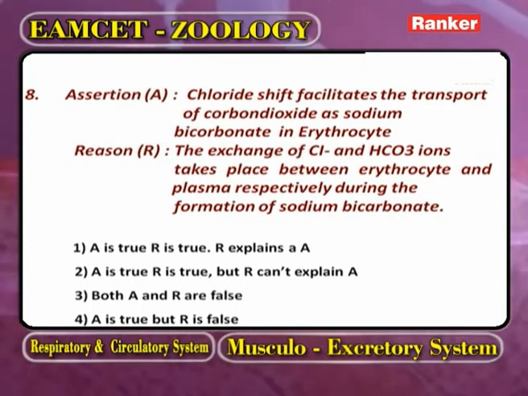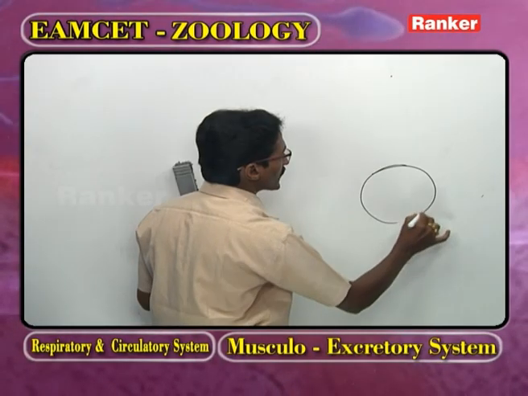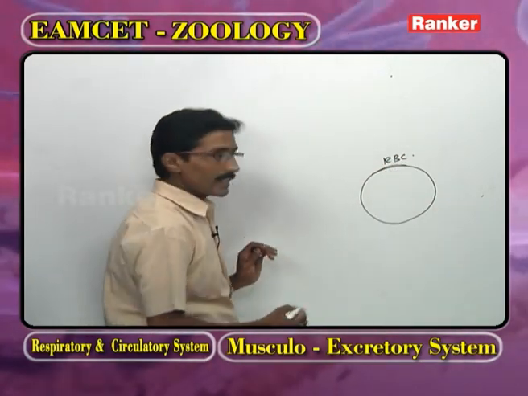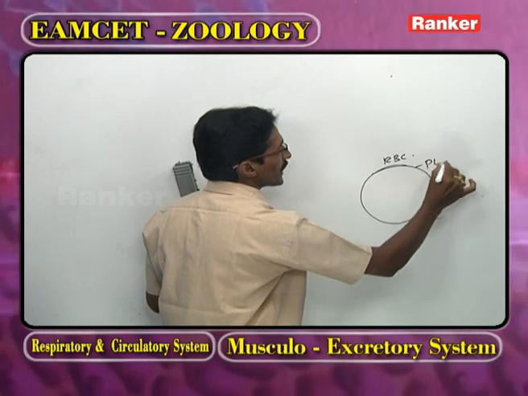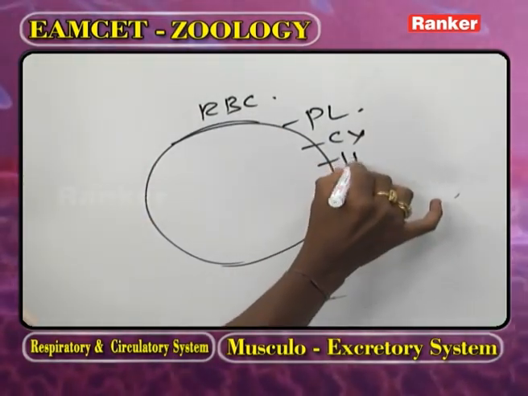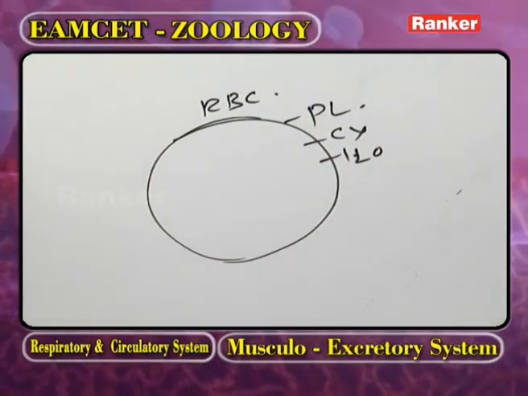Now this one we call RBC, already explained. The RBC is covered and protected by the plasma lemma and this is the cytoplasm. In the cytoplasm, the water is present.